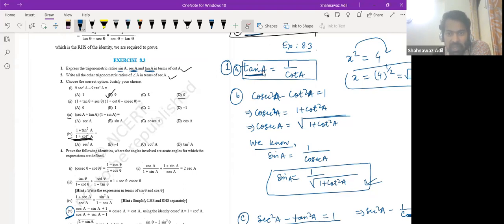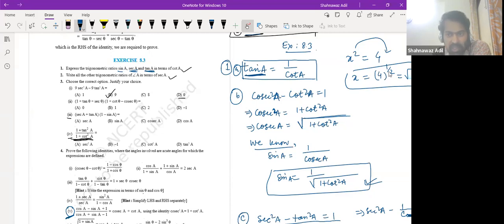You know that tan A would be P by B and sin A would be P by H. That is easy. But they are saying to express these in terms of other trigonometric ratios. That is the difference: one is in terms of the sides of the triangle, and these are in terms of other trigonometric ratios.